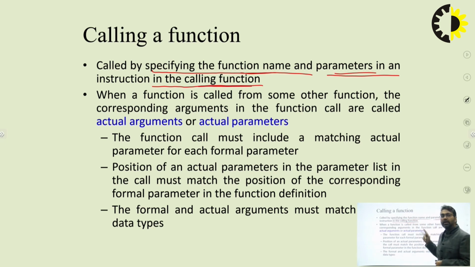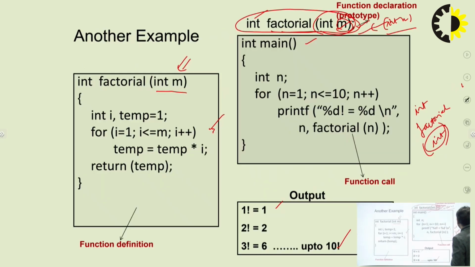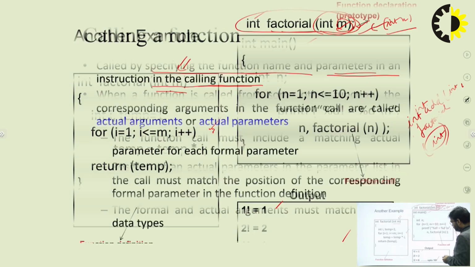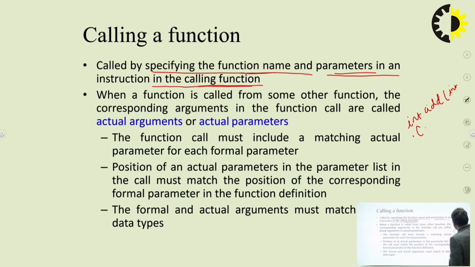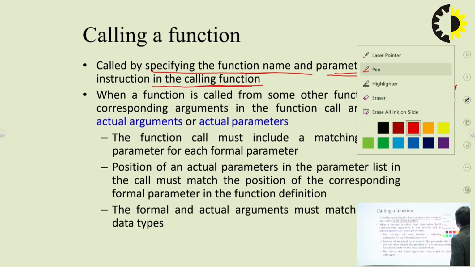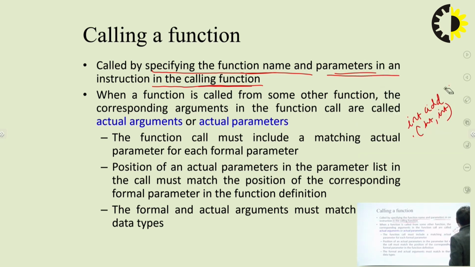For example, suppose I am creating a function int add with two variables, int comma int. Now if I want to call that function in another function, suppose in the main function, what can I write?